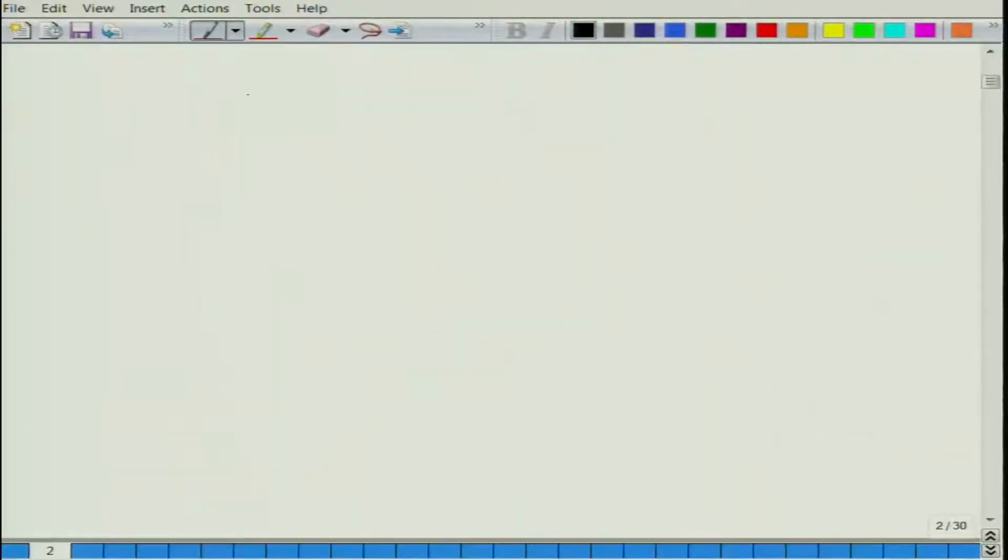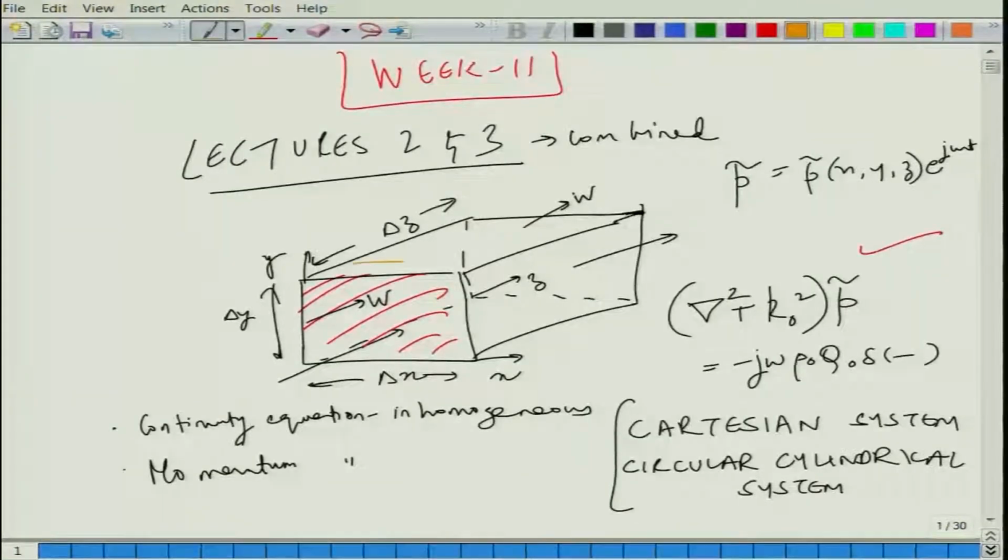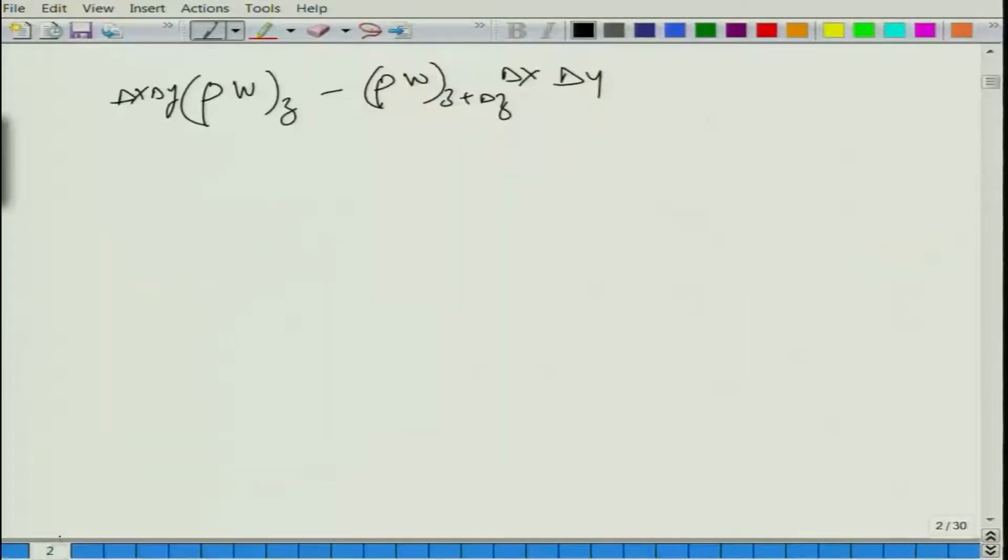Net mass flux that enters this face is rho w at z, and of course, this is delta x, delta y, and the one that leaves the other face is at z plus delta z, into delta x, delta y. Similarly, if you consider the face here, mass flux that goes here and leaves here, what is it? So, delta y, delta z. So, this will have rho u term because this is the x direction.